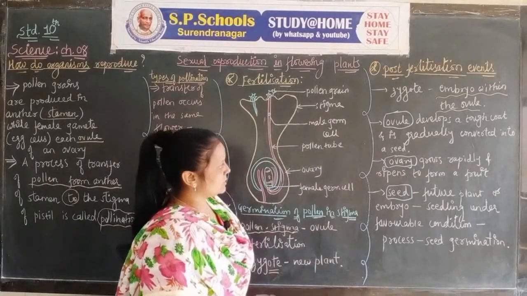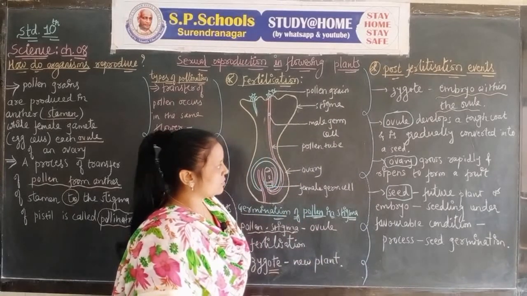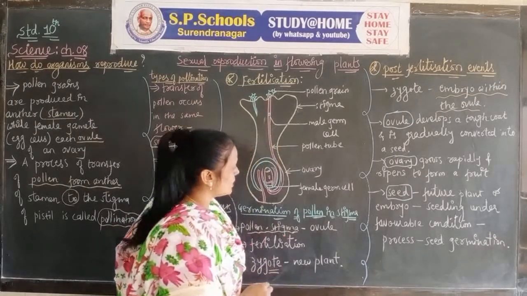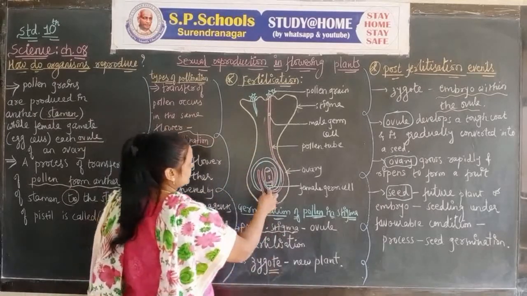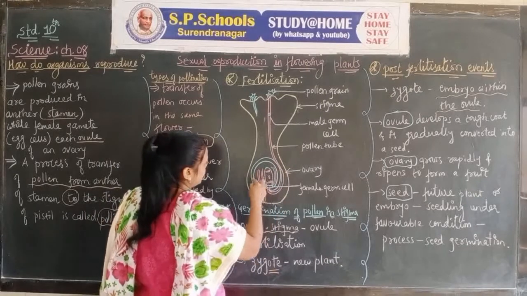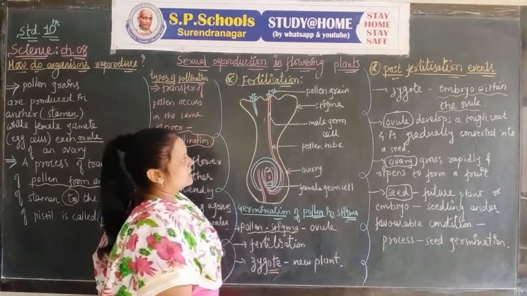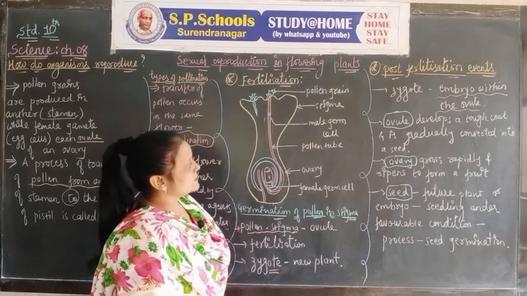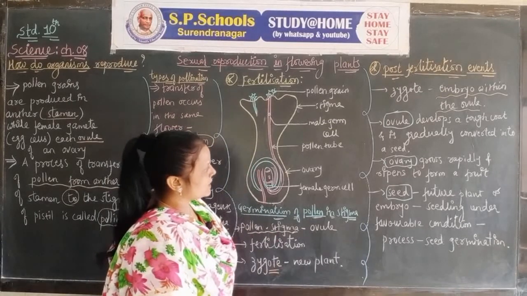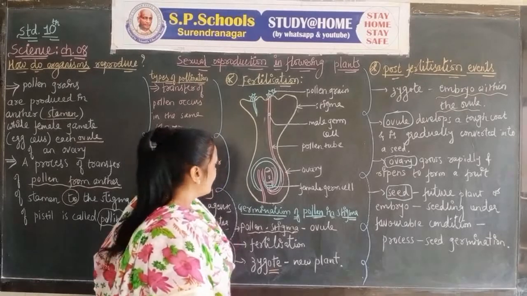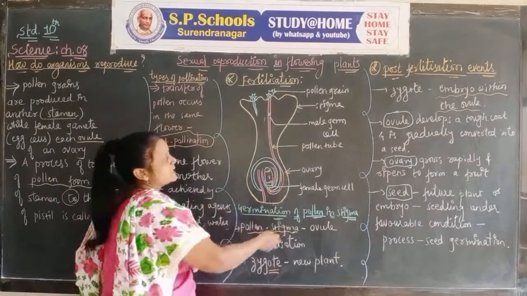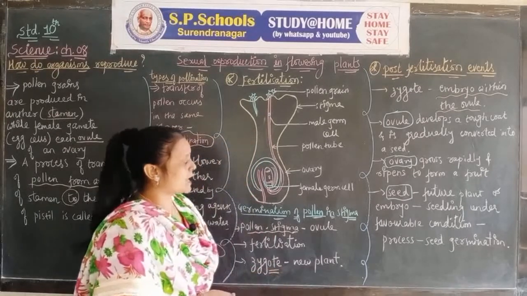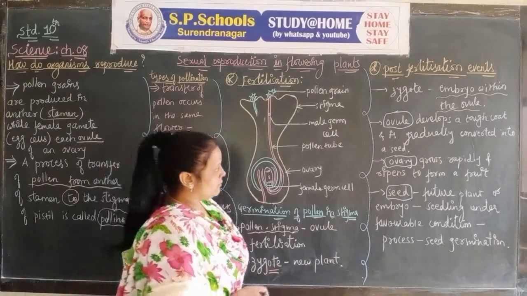The ovule develops a tough coat and is gradually converted into seed, while the ovary grows rapidly and ripens to form a fruit.